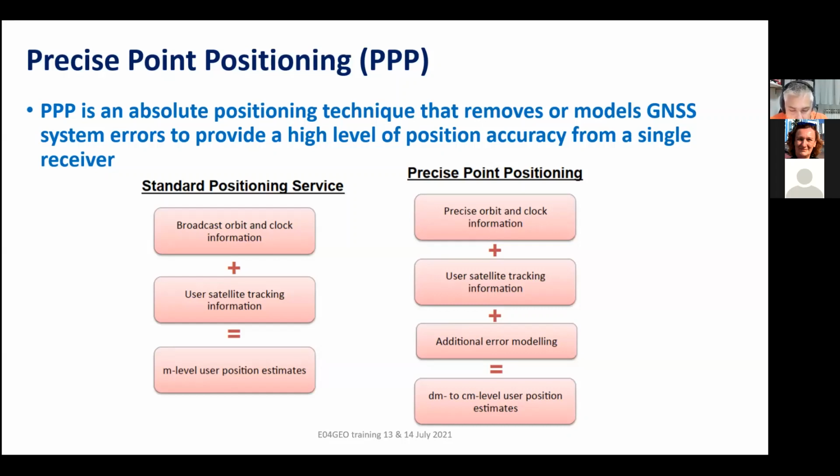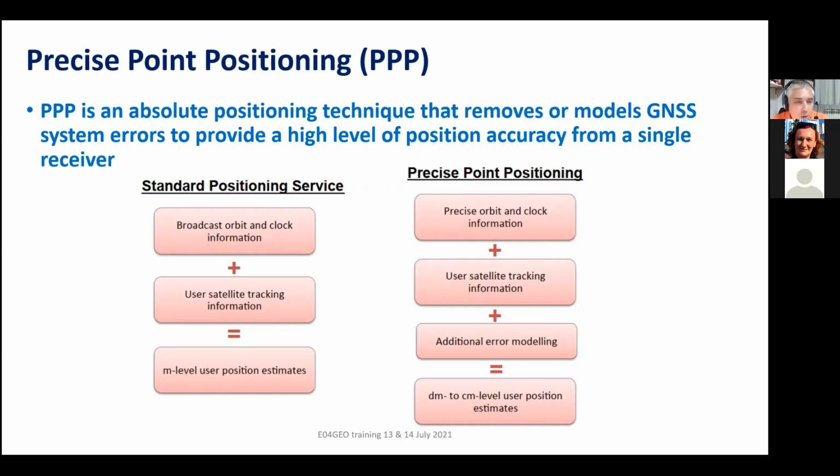So the data are collected in the field using only a single receiver. There is a comparison with the standard positioning service, which we use every day with our mobile phones featuring a GNSS chipset.